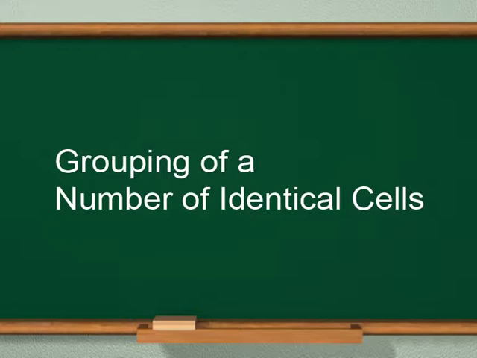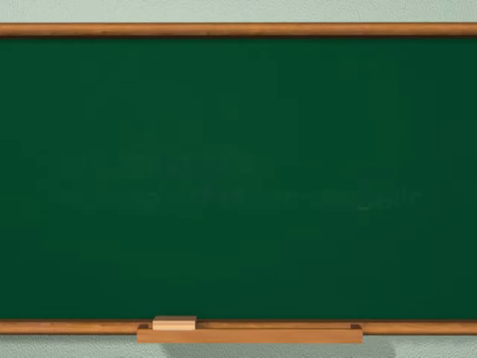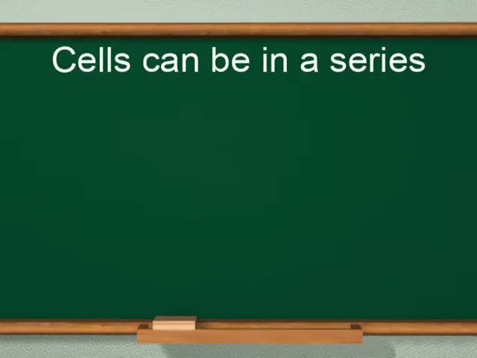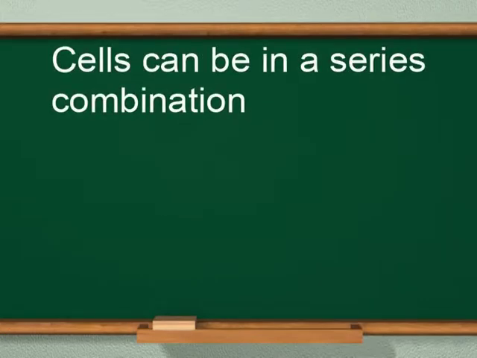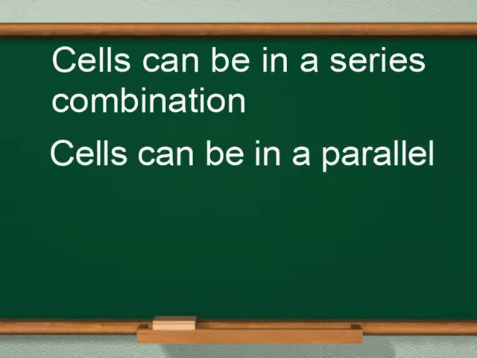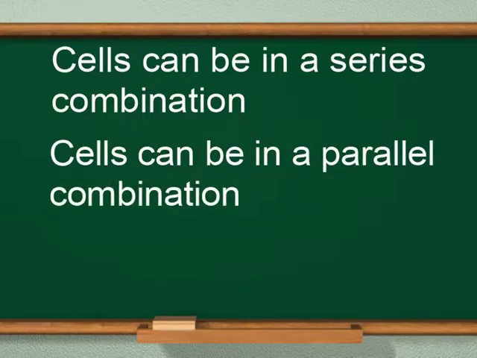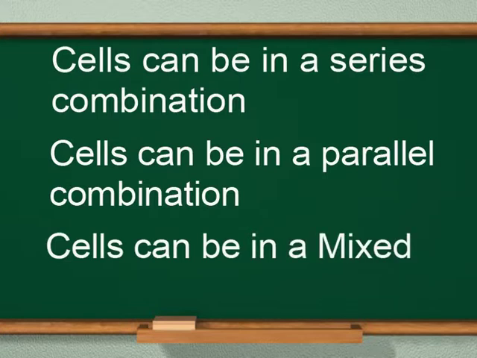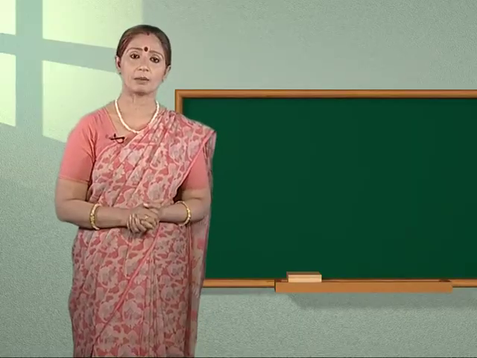There can be three types of grouping of identical cells. Cells can be in a series combination, cells can be in a parallel combination, and cells can be in a mixed grouping. Let us handle them one by one.